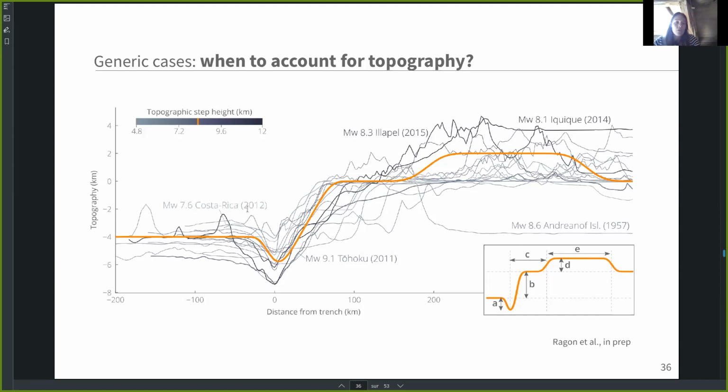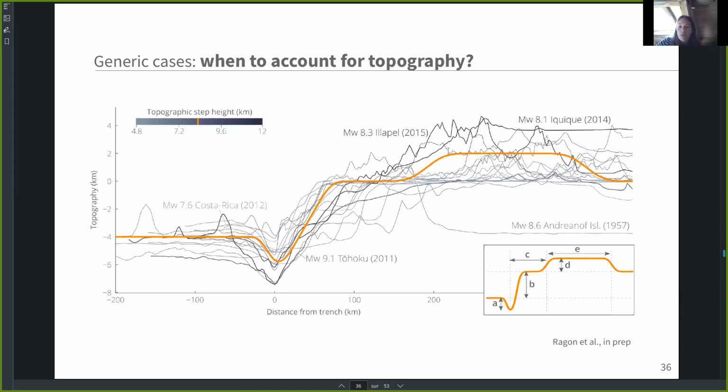What we are currently doing is designing a set of generic synthetic cases. The first step was to design a generic topographic profile, which you can see here in orange.